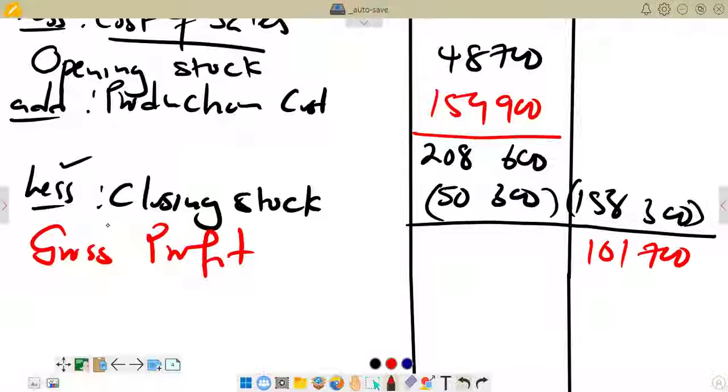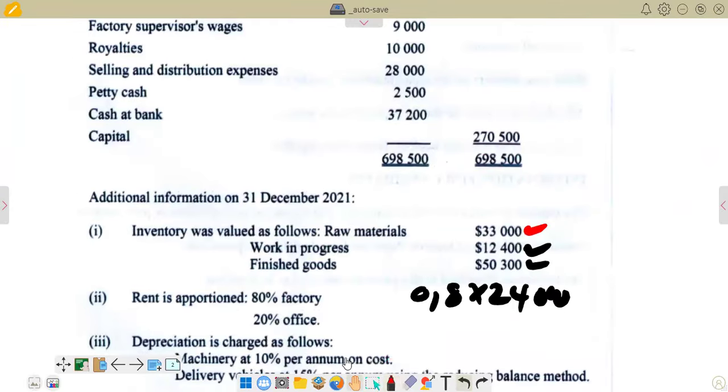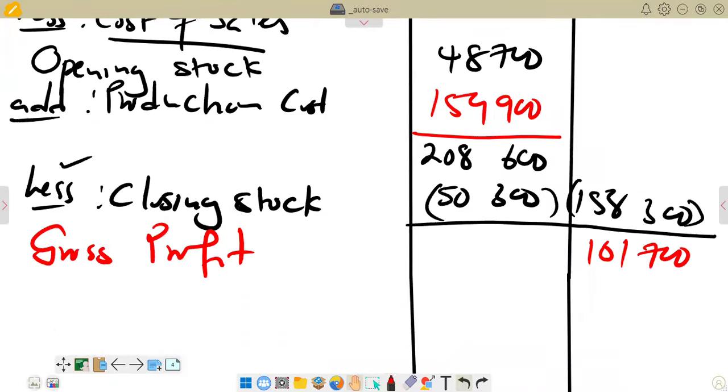Then after that, we check if we've got other income in the question. Remember, we've got a discount receipt that we highlighted at that time, which is 6,000. We're supposed to put it under other income. We say add other income.